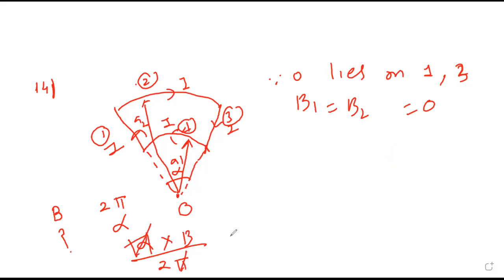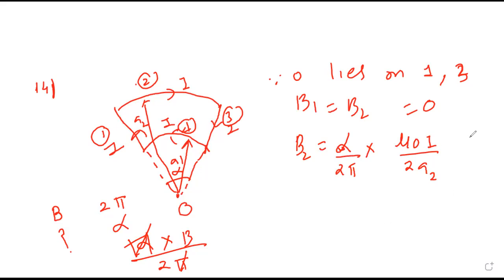That's the reason why we were telling half. Now B2 will be alpha upon 2 pi times mu naught current I upon 2 times A2. Tell me direction, inward or outward?